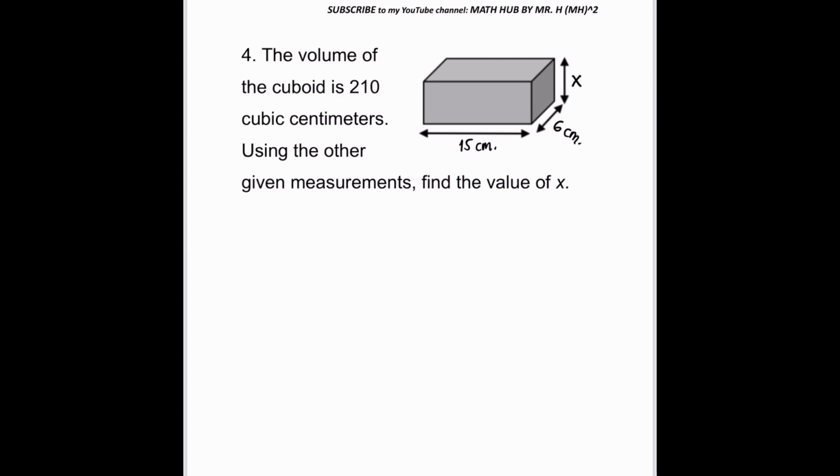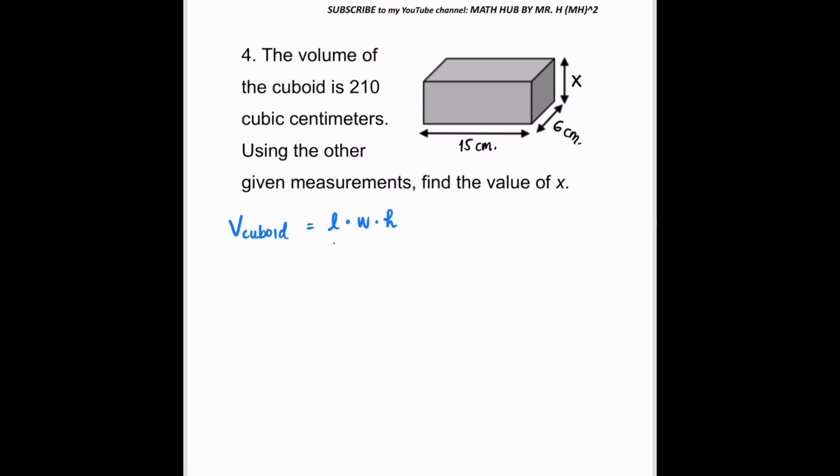All right, so if you can recall the formula in finding the volume of a rectangular prism or cuboid, the formula is the length times the width times the height. And as you can see from the given diagram, we're actually missing one, which is the height.